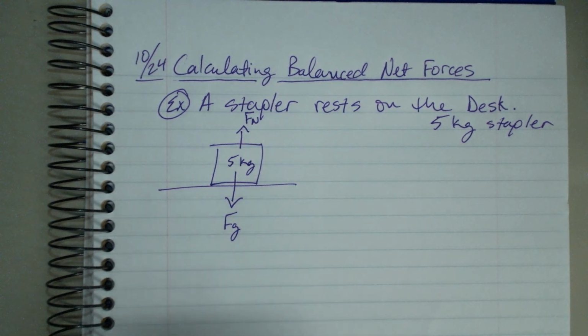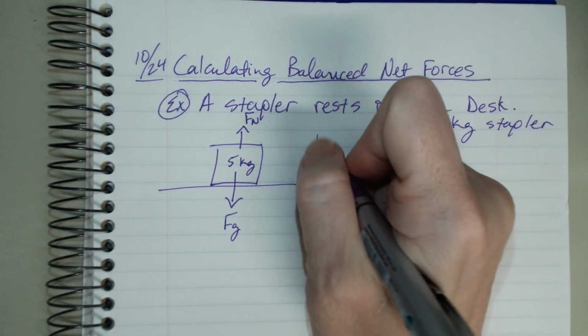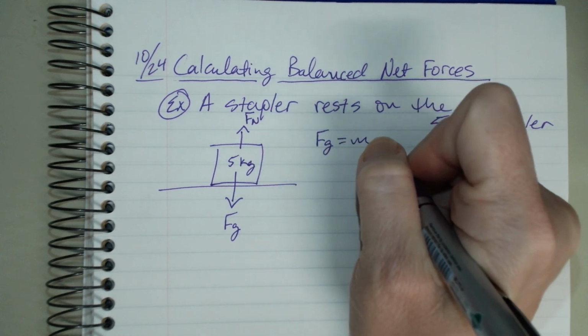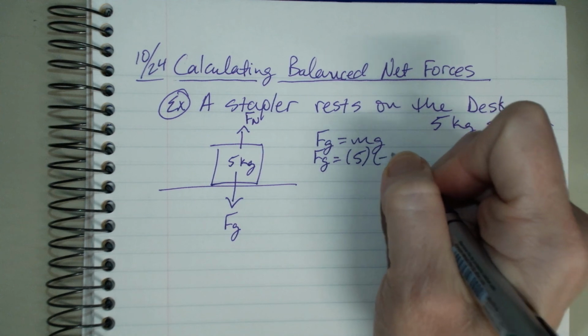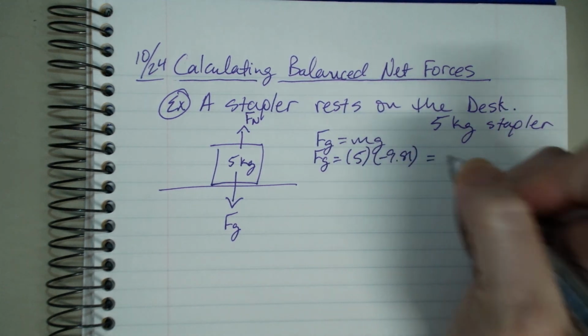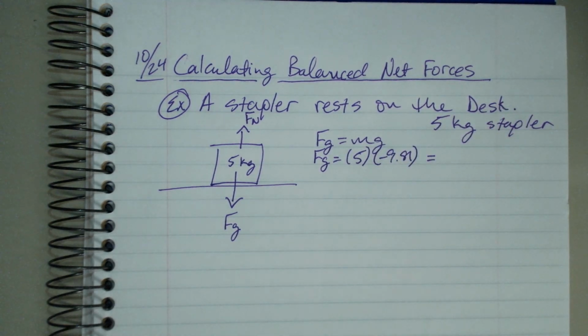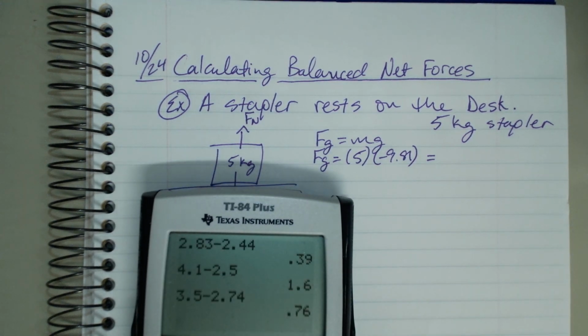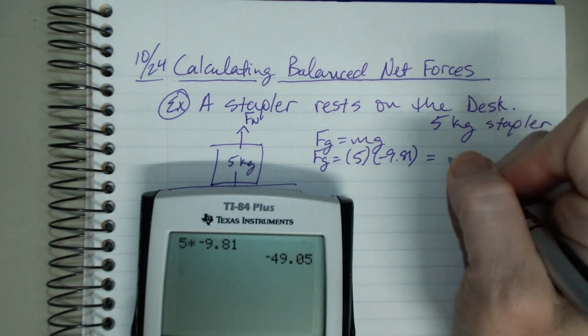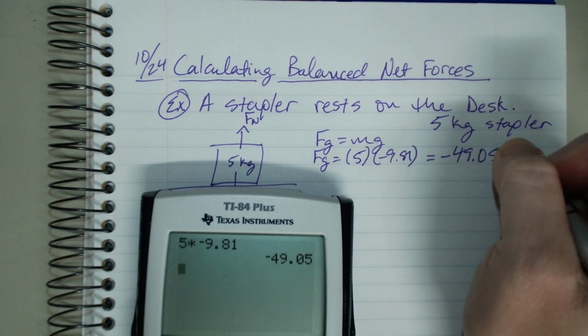So I can go ahead and calculate my weight. My weight is Fg and it equals mg. So then Fg equals 5 times negative 9.81. It's negative because which way is it going? It's going down. Okay, so then let's stick that on my calculator. 5 times negative 9.81 equals negative 49.05 newtons.